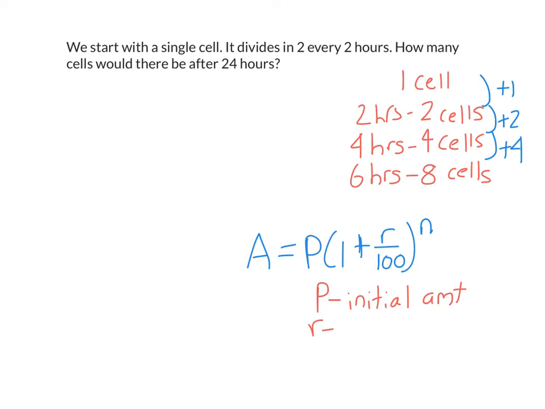R is still going to be the rate of increase. It's just not an interest rate anymore. So the rate of increase, and N is the number of increases, similar to the number of compounds. We can use this formula here. So we know that we start with 1 cell, and we know that if it increases every 2 hours, it'll increase 12 times in 24 hours.